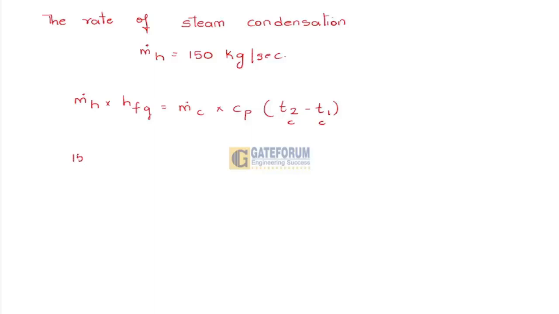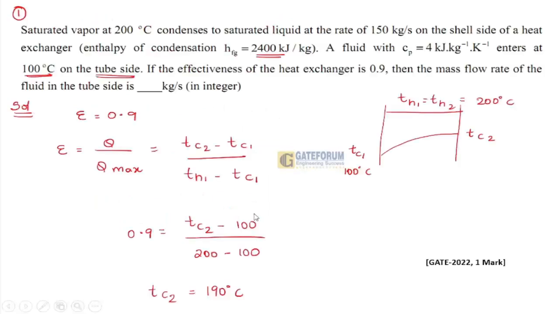That is 150 into 2400 is equal to m dot c into 4 into (190 minus 100). So m dot c is equal to 1000 kg per second, the mass flow rate of cold water. He is asking for the integer, so 1000 kg per second will be the right answer for the given question. Right. Moving to the next question.